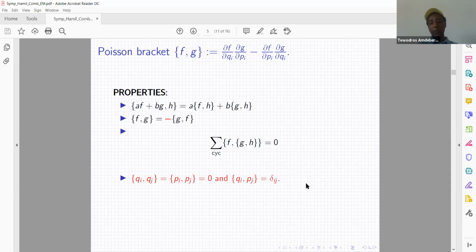Just remember that in this function space, the Poisson bracket makes it a Lie algebra. Typical classical examples are matrices with the usual bracket AB minus BA, and also in Cartesian coordinates, the cross product is an example that makes it a Lie algebra.